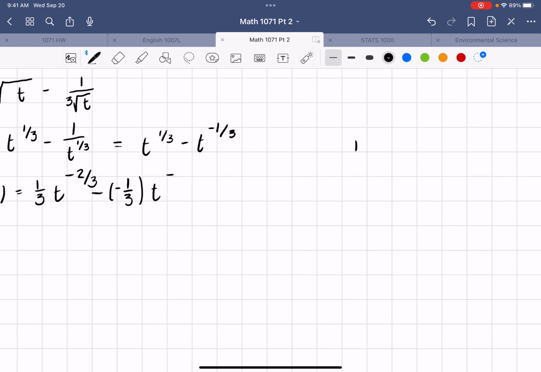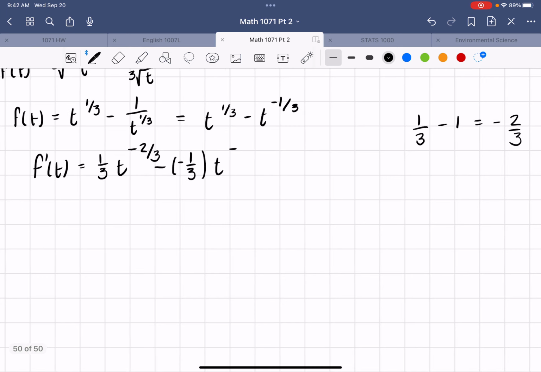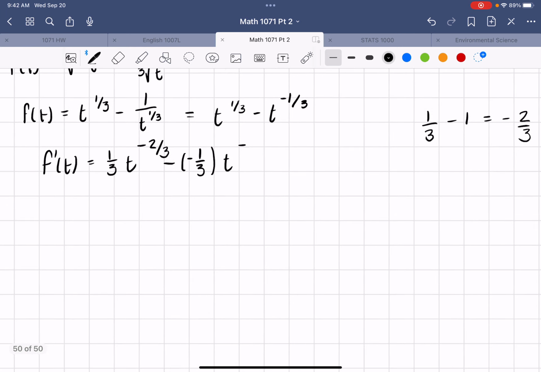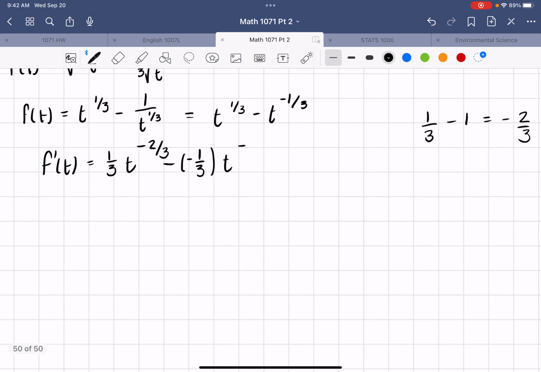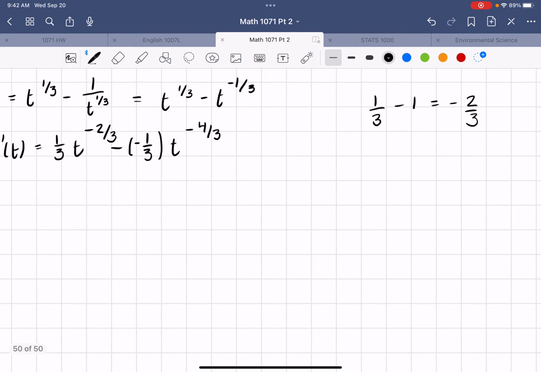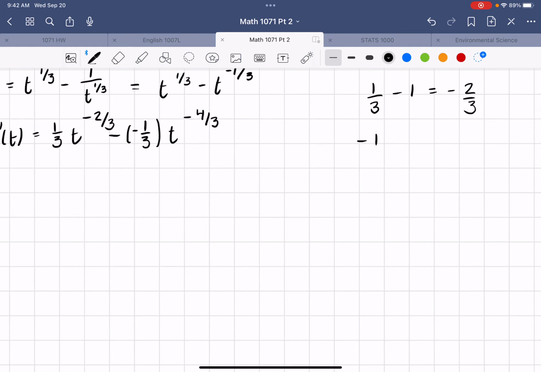That's what I'm doing here. 1/3 subtract 1 is negative 2/3. Minus. The old power is the new coefficient, negative 1/3, t to the negative 4/3. Is that okay? If you've got negative 1/3 and you subtract 1, isn't that negative 4/3?